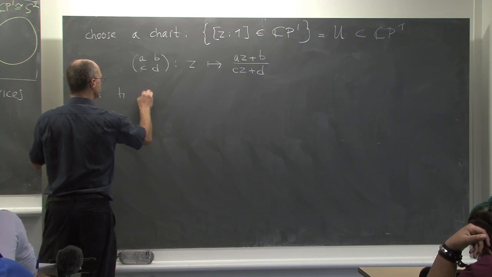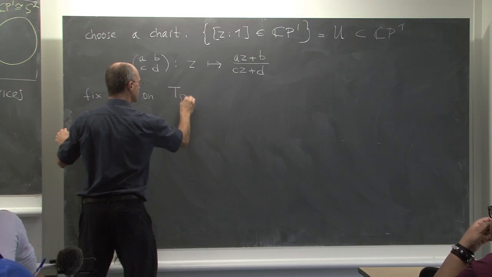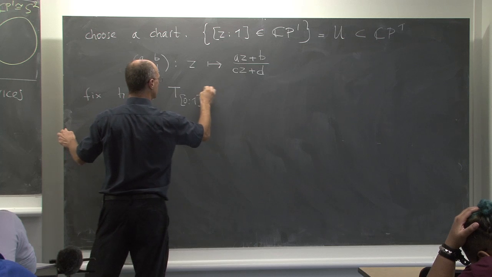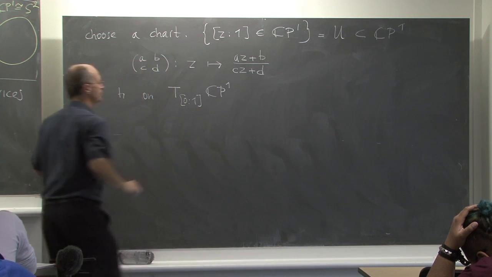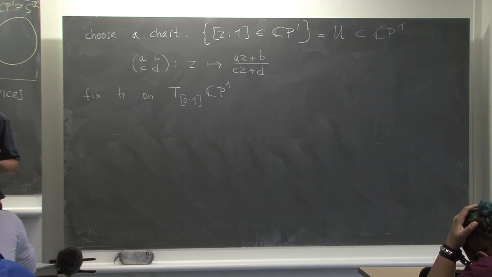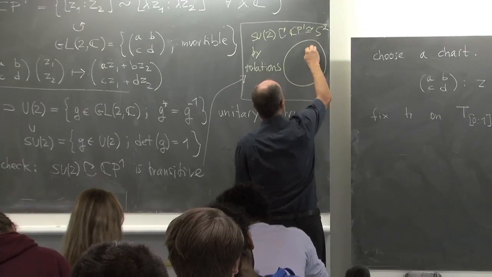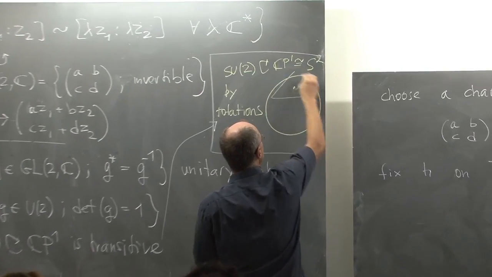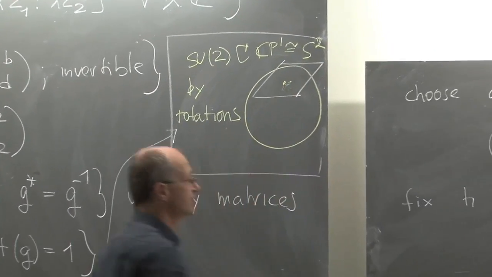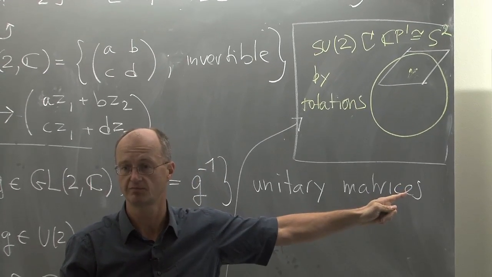Right. And I suggest to do the following. Fix H on the tangent space at the point 0, 1, right? So we have a point 0, 1 somewhere on our sphere. So here there is a tangent space there, and we just want to fix H there.